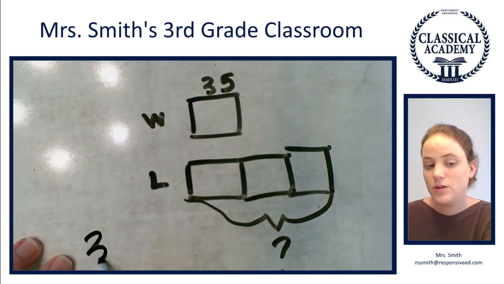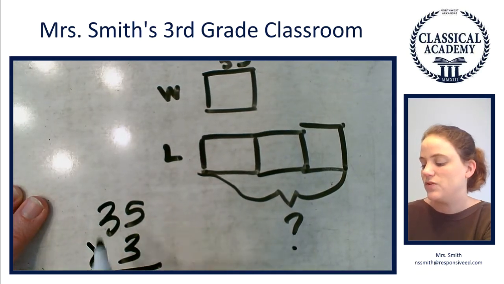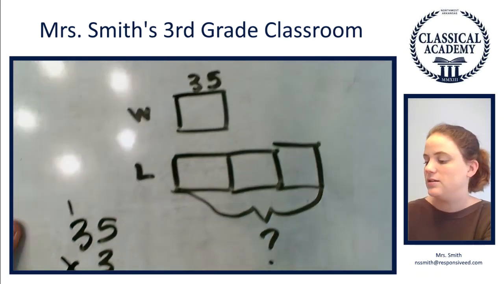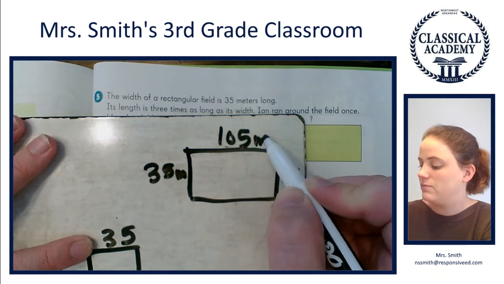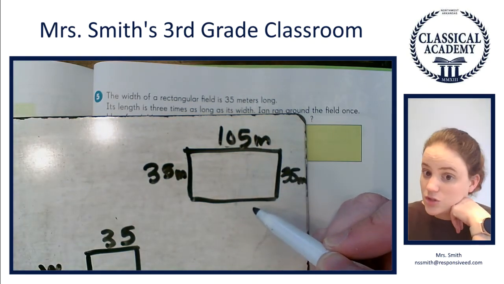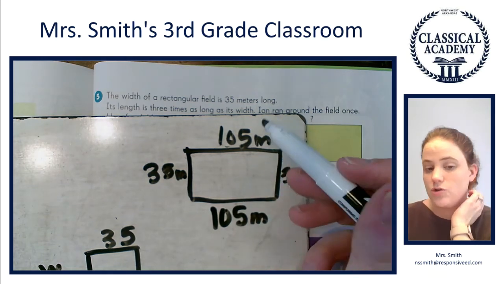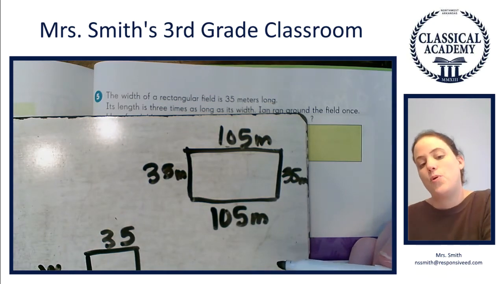Let's try it. 35 times 3. 3 times 5 is 15. 3 times 3 is 9. Plus 1 is 10. That means the length is 105 meters. That means the length of this side is also 105 meters. We know that rectangles have equal opposite sides. So that's how we're able to know both of them.